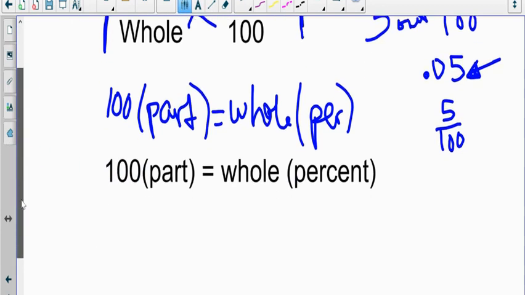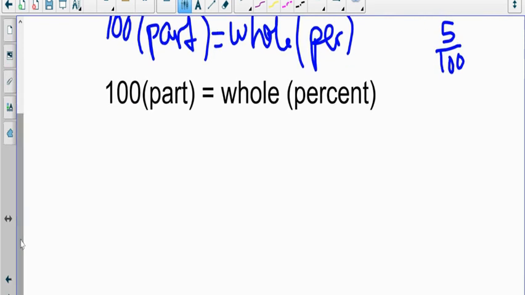So what we need to do is get the percent together as a decimal, but we also need to separate the whole on one side or the part on one side of the equation. Let's start with solving for the part. The first thing we need to do is divide both sides of my equation by 100.